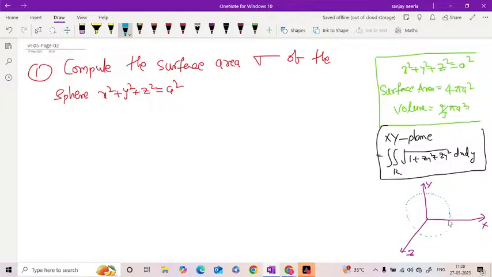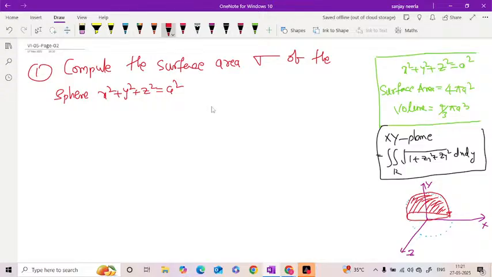In this sphere I am taking just only half part, that means the hemisphere, just the upper half of the sphere.